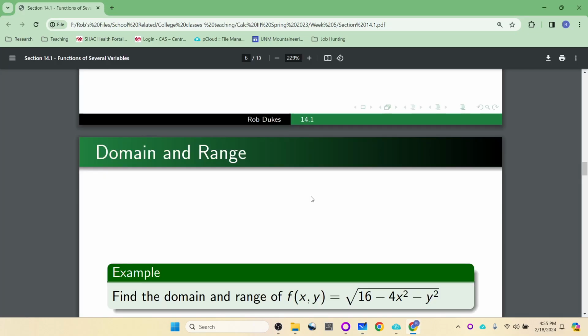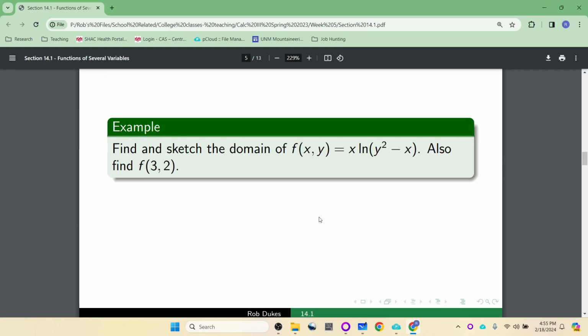So, let's keep going. On the f of 3, 2, I plug in 3 for x, 2 for y. Let's do it real quick. It would be 3 times natural log of 4 minus 3, which would be 0.